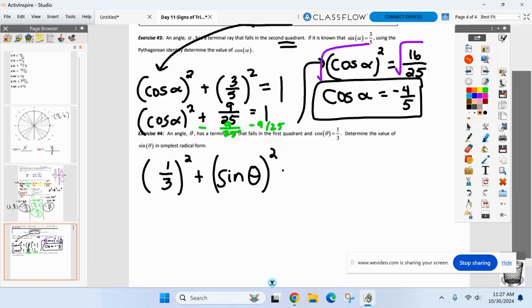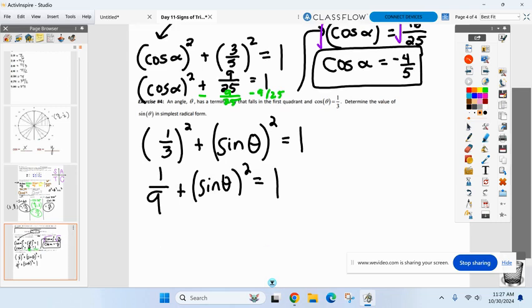All squared equals 1. One-third squared. 1/9. What are you doing with the 1/9? Move it over.